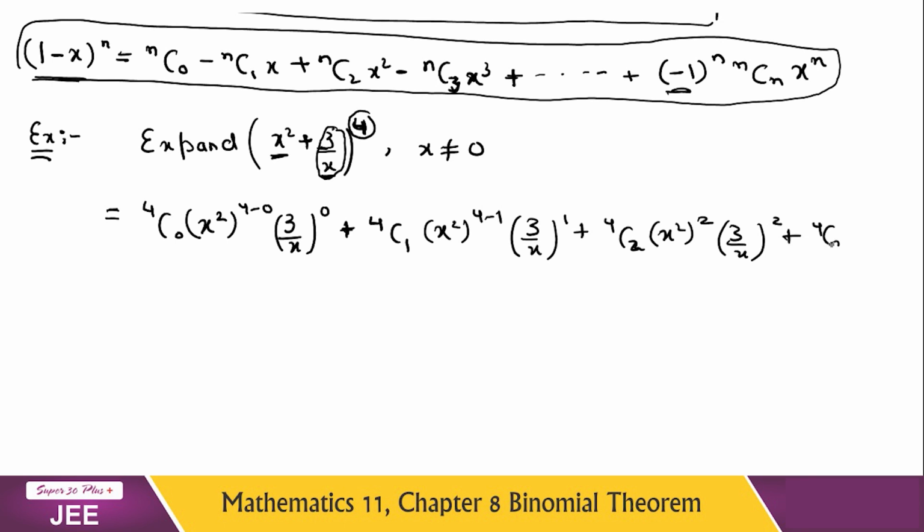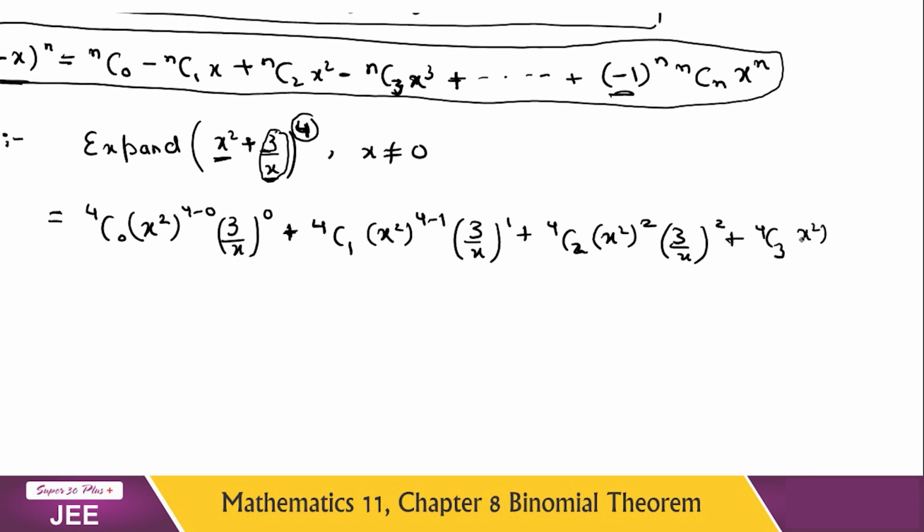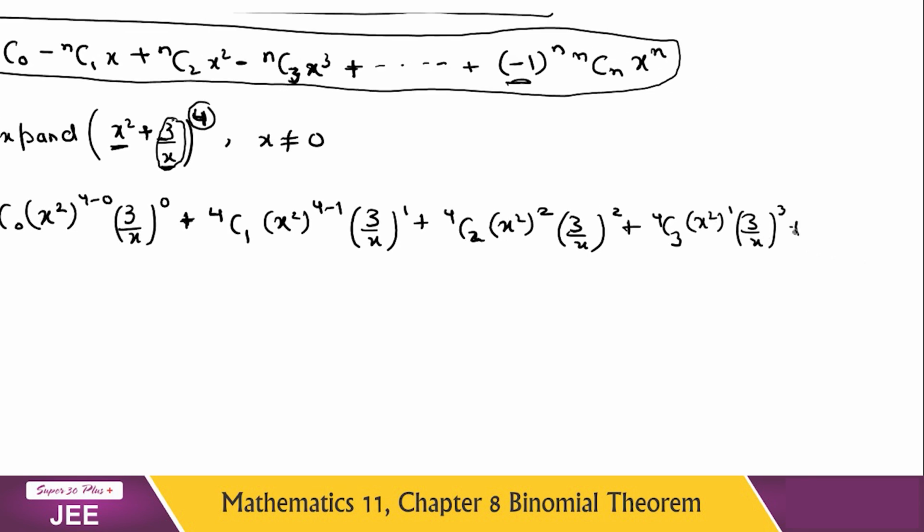Next is 4c3 x square raised to the power 4 minus 3, that is 1, and 3 by x raised to the power 3. And finally, last term will be 4c4 x square raised to the power 0 and 3 by x raised to the power 4.